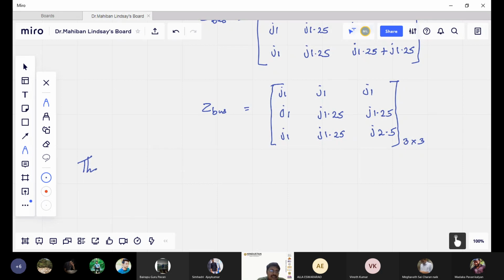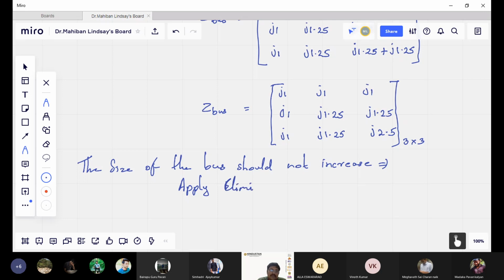The size of the bus should not increase, therefore we have to apply the elimination method.